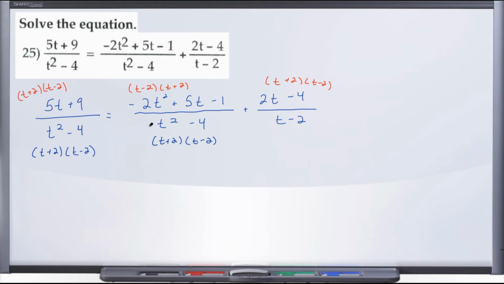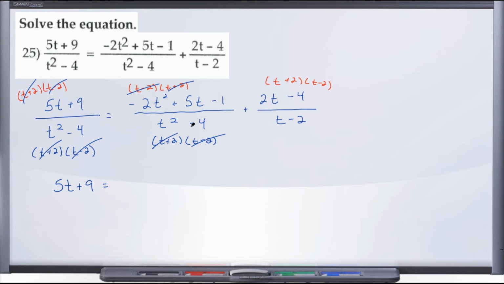So let's go through and actually start our multiplying. Let's see, t plus 2 cancels. T minus 2 cancels. So we're left with just 5t plus 9. Equal sign comes down. And again, t plus 2 cancels. T minus 2.